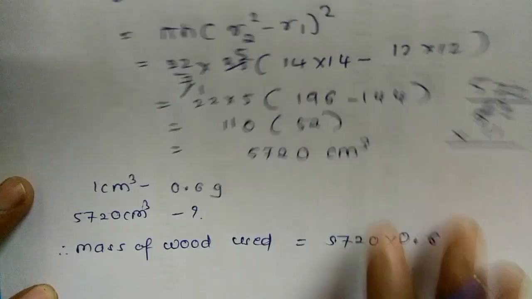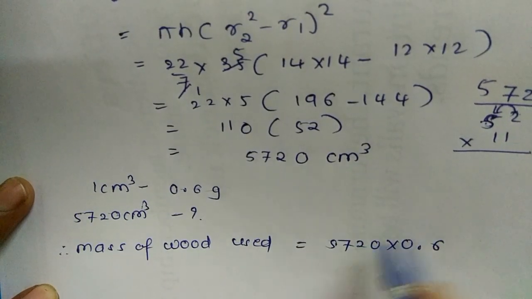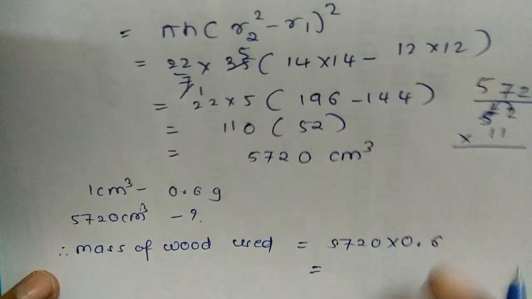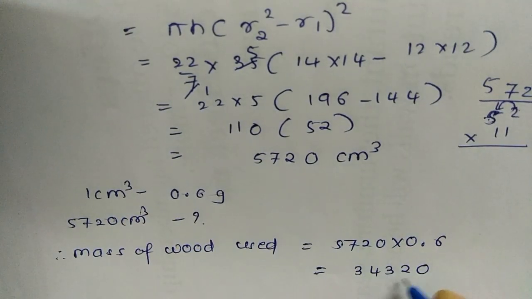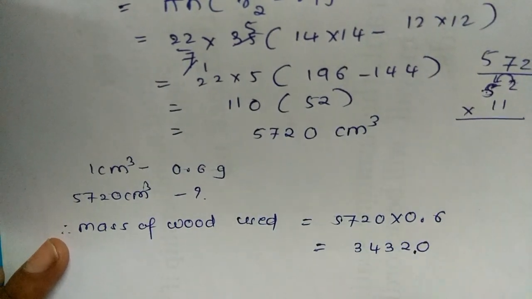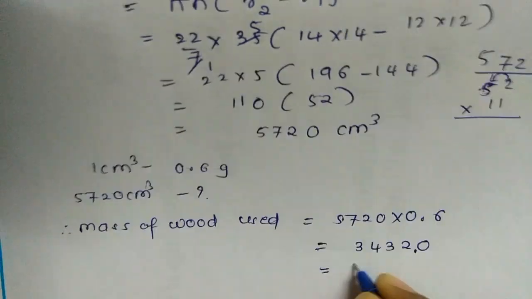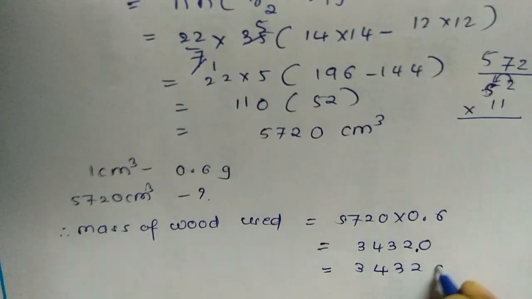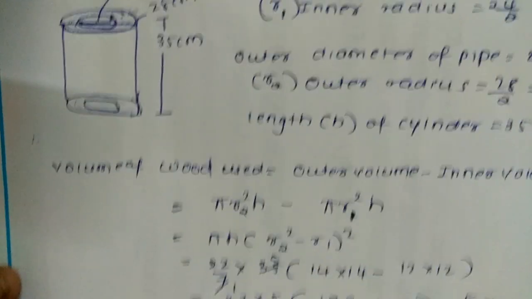We keep the numerator, since dividing by 1 is the same. Ignoring the decimal point, first multiply this, so we get 34320. Next, put the decimal point back. So the total mass is 3432 gram. I hope you understood the explanation.